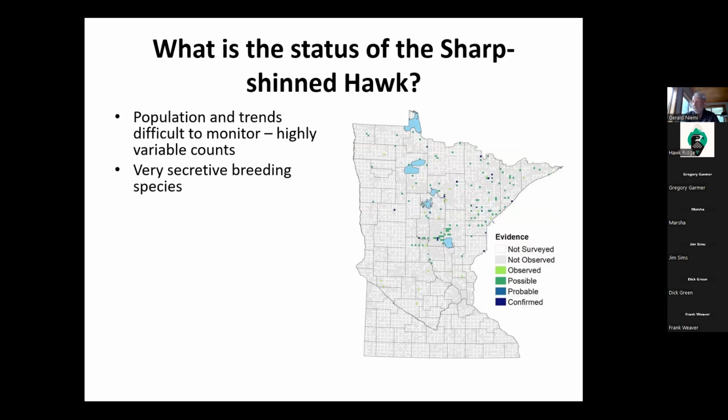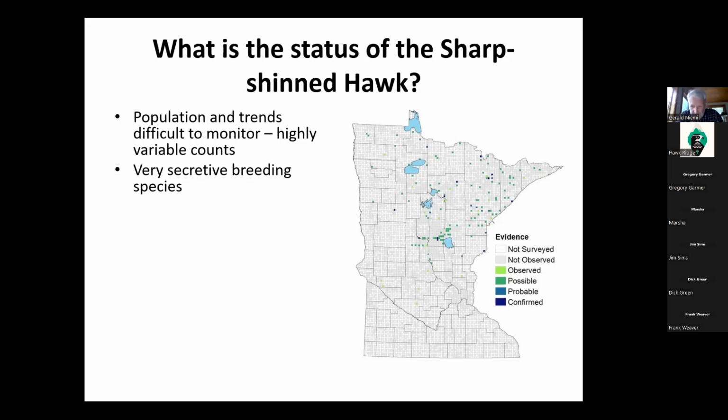I remember I wrote the account on this species, and I remember reading that if anybody thinks that it's unreasonable that we haven't been able to find as many nests, then they need to go out and try to find a nest of the sharp-shinned hawk. They're a very secretive species during the breeding season, and they occur in forested areas primarily.